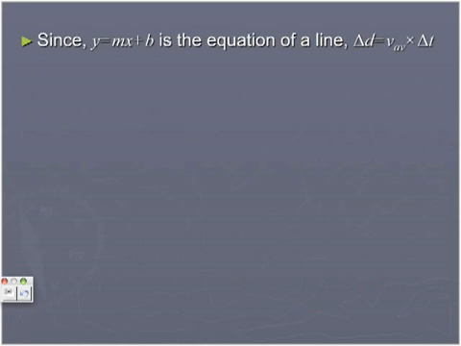Let's revisit a math equation here. y equals mx plus b. This is our slope-intercept form for an equation. And it's relatively similar to the calculation delta d equals v_av times delta t.